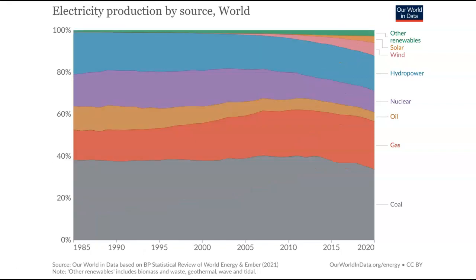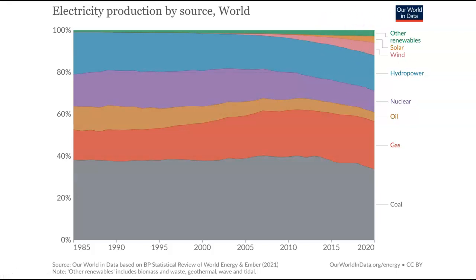So if we look at the share of different energy sources in electricity, we see there's a quite noticeable increase in the renewable sources in the share of electricity production.